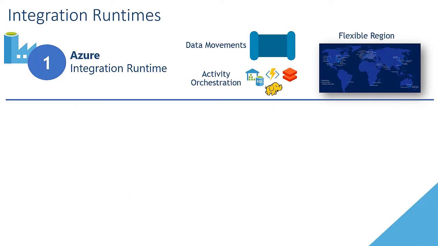The first one is, as it's called, the Azure Integration Runtime. This will be responsible for the calling of our activities. And also, if we're doing a copy of data, it will handle that data movement or data copy. What's quite nice about the Azure Integration Runtime is that it can be flexible in terms of the Azure region where it goes.